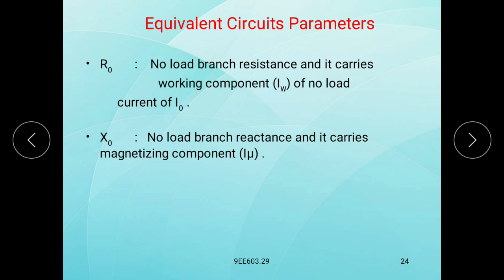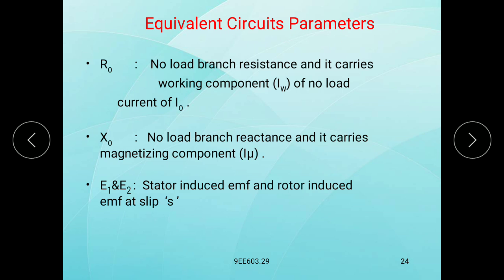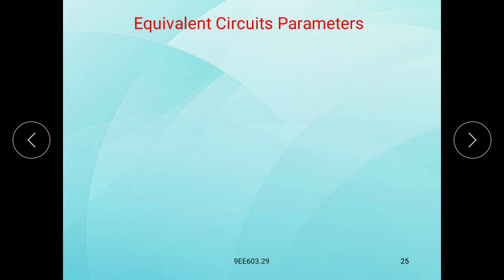R0 is the no load branch resistance and it carries the working component Iw of the no load current I0. X0 is the no load branch reactance and it carries the magnetizing component Imu. E1 and E2 are the stator induced EMF and rotor induced EMF at slip s.